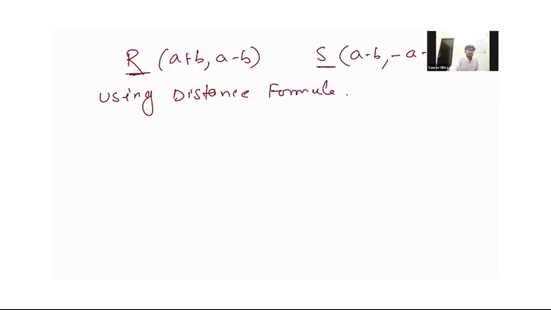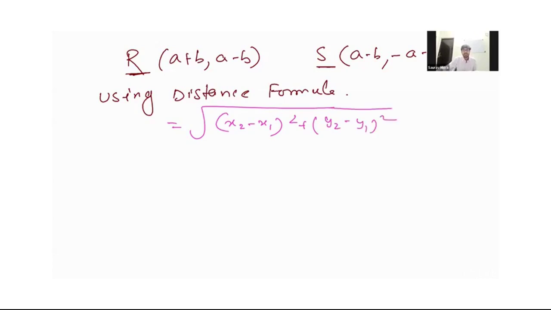First we write our formula: the square root of x2 minus x1 whole square plus y2 minus y1 whole square. Let us take the first point as x1, y1 and the second as x2, y2. For our convenience we have assumed it; there is no specific rule, and you can take it the other way round too.